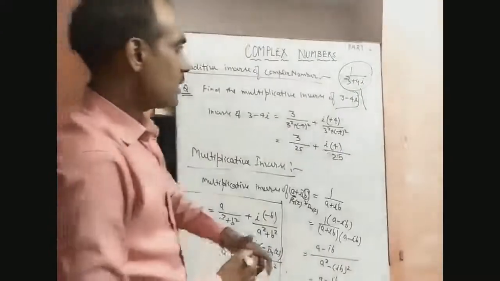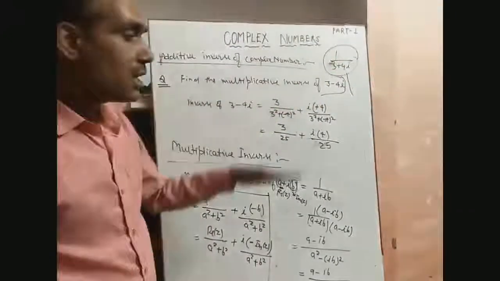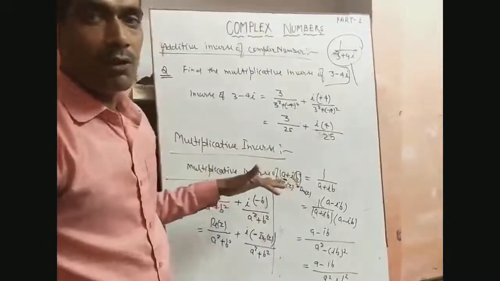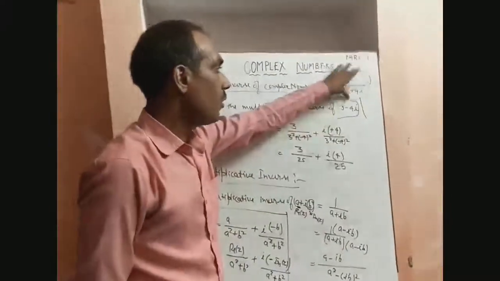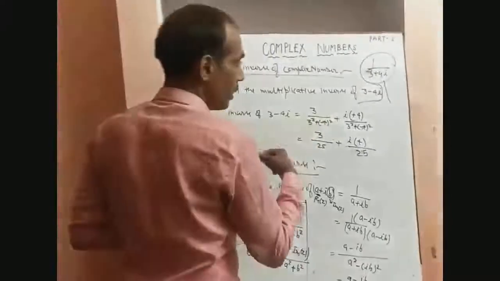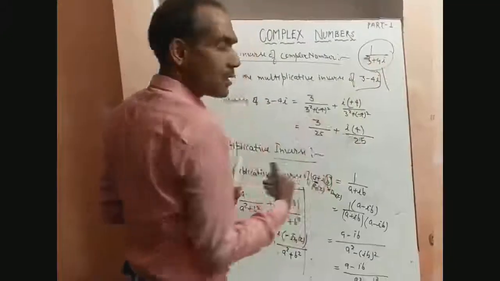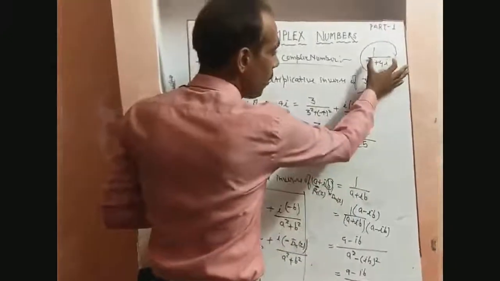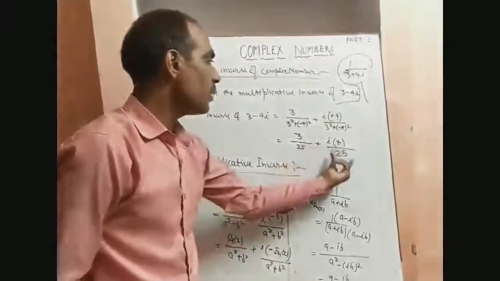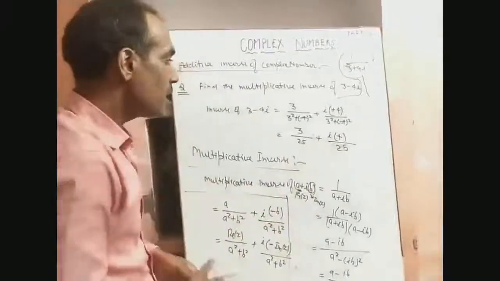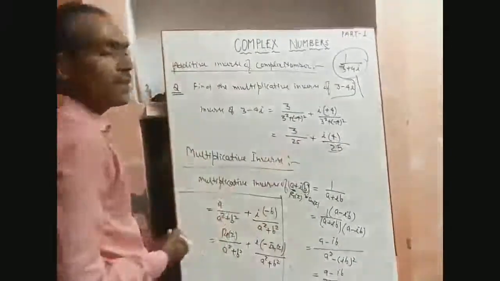Or the question arises as: convert this complex number into a plus ib form, or find the real part and imaginary part of this number. Then what can we do? First we rationalize it. For rationalization we multiply by its conjugate, and after solving we can get this type of number. Then here this is the real part and 4 upon 25 is the imaginary part. Okay.